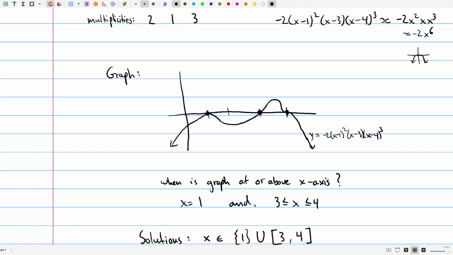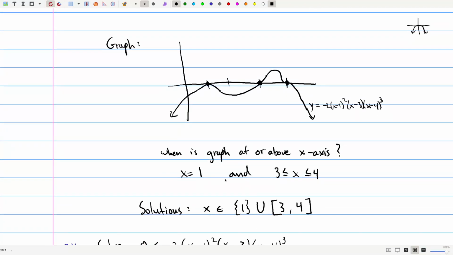So that's one way of writing the solution set. In Math 3, we're interested in writing it in set notation. So we can also say that the solution set is the set containing just 1, that one singleton point right there, along with, via a union, the closed interval from 3 to 4. And so we can say that any solution x is an element of this set of points.